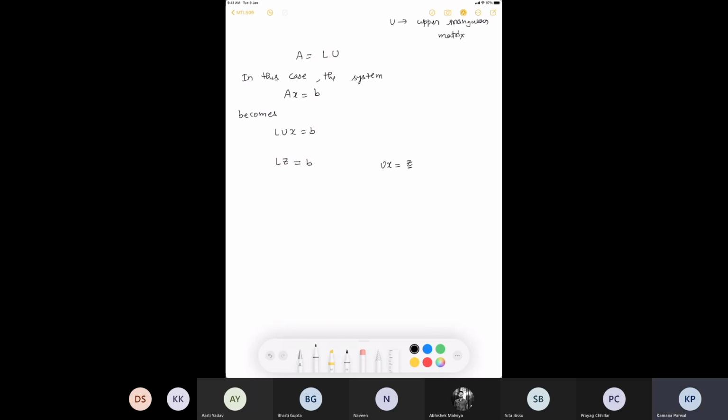Okay. So note that solving this is equivalent to solving the following two systems.